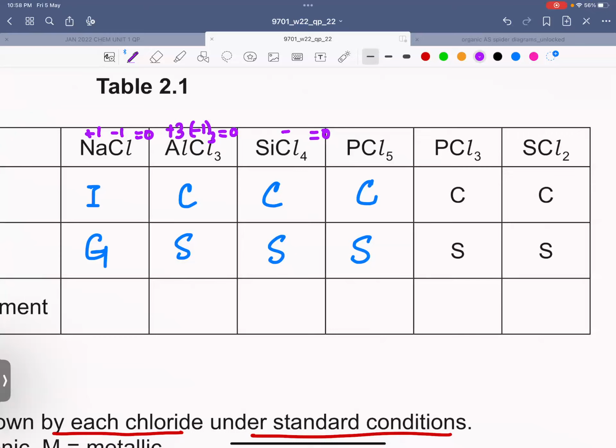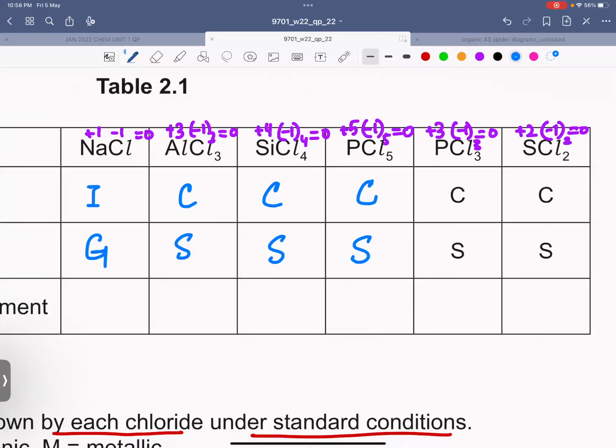There are 4 chlorides, each with -1, which makes silicon +4. The net charge is 0. Each chloride has a -1, and there are 5 chlorides, which makes phosphorus +5. The net charge is 0, -1, 3 are there, which makes it +3. Net charge is 0. 2 chlorides are there, which makes sulfur +2.